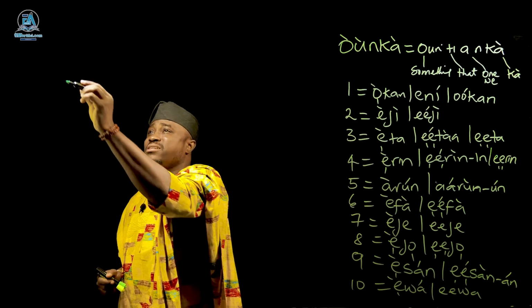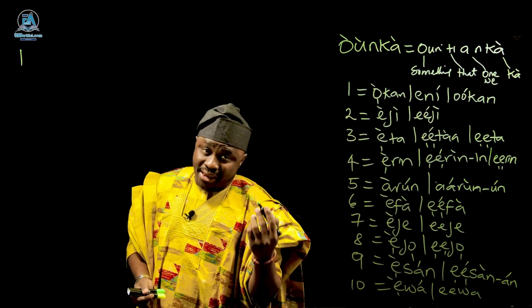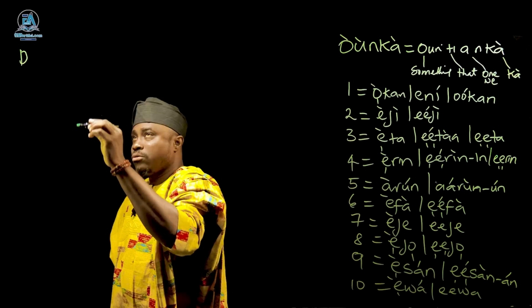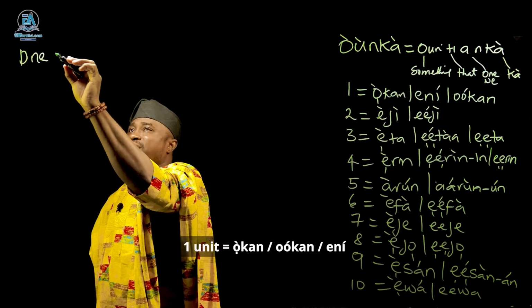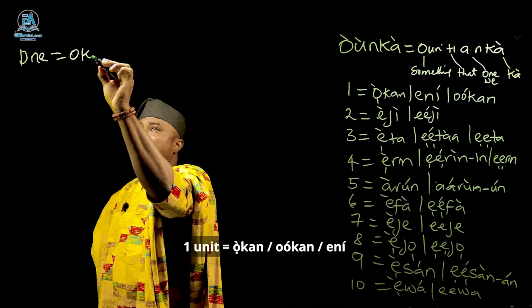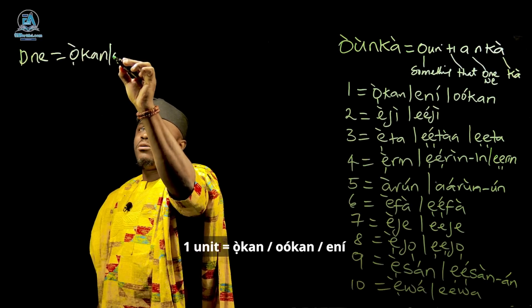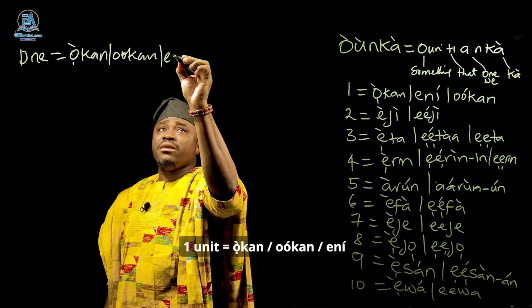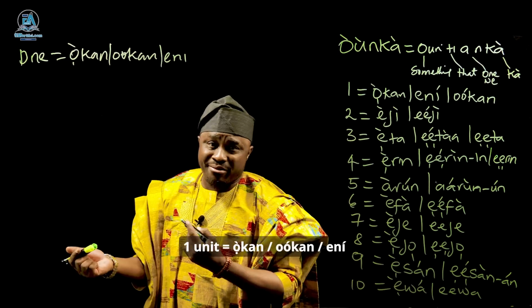Right. So when you are saying one, because it's not combining with anything, one will ever remain ọ̀kan, àbí ení. It will ever remain because it's not adding to any other thing.